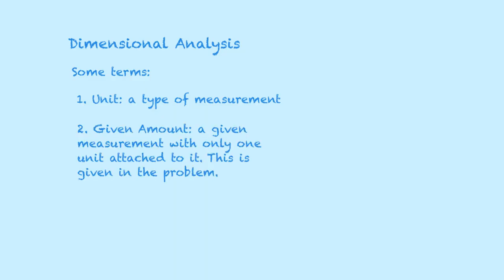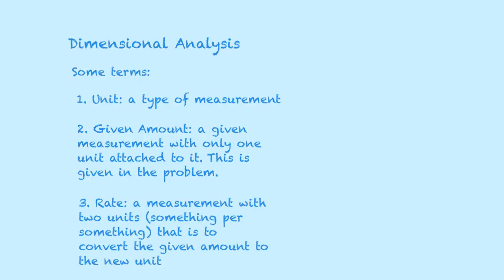The other term that you need to know is given amount. The given amount is a given measurement, meaning it's given to you in the problem, that only has one unit attached to it. So when we're trying to convert something like 5 kilometers to meters, 5 kilometers would be the given amount. It's what you're trying to convert out of into another unit. Finally, you need to know what a rate is to do this.